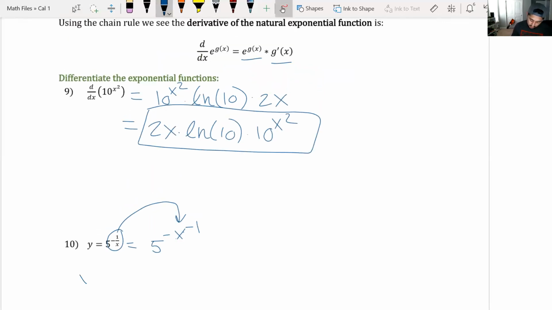So y prime equals 5 to the negative x to the negative 1 times the natural log of base 5 times the derivative of that exponent, which is positive x to the negative 2.